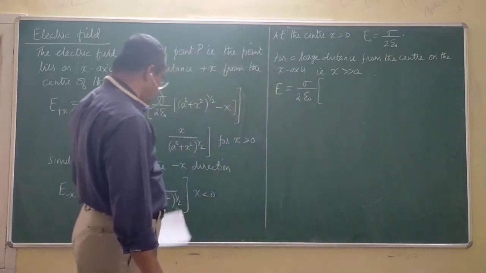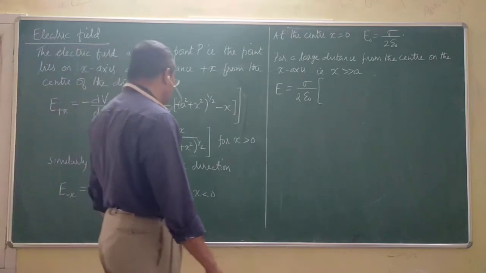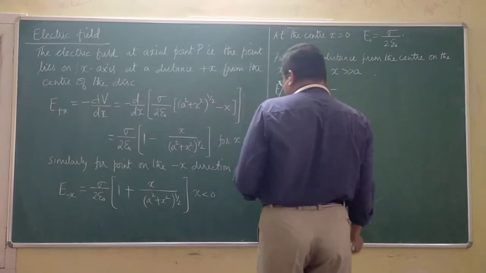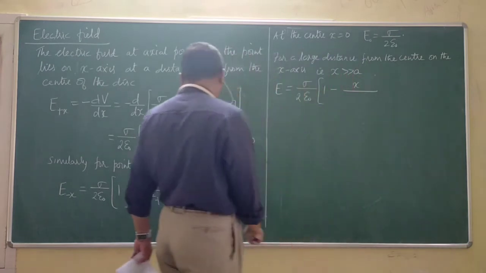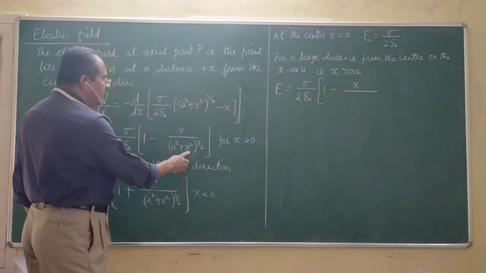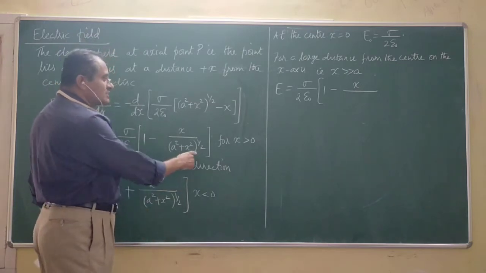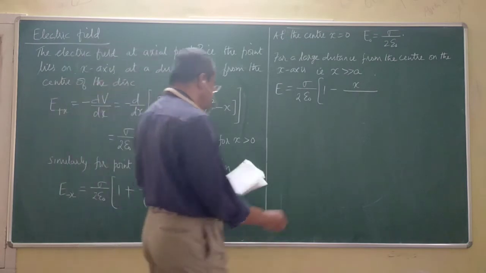Please listen to what I am doing here. You need to carefully understand. 1 minus the x is here. In the denominator, I am going to take x squared outside because it is root. If it comes out, it will be x.